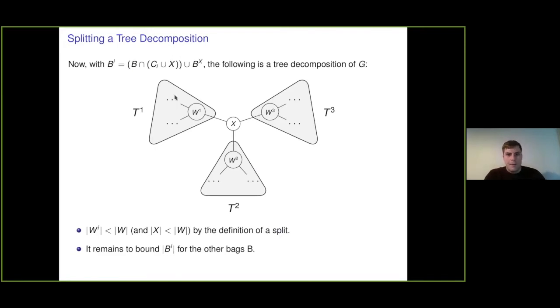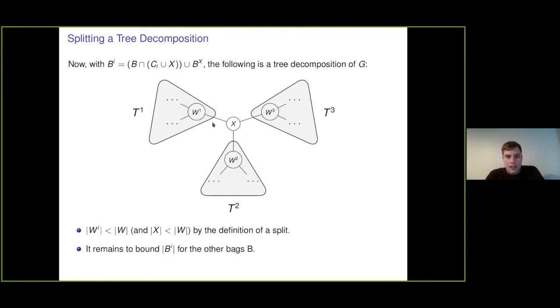Now that we have that this bag Bi has this definition, so it's the intersection and the additional fixing vertices, we have that our construction actually yields a tree decomposition of G, which looks like this.